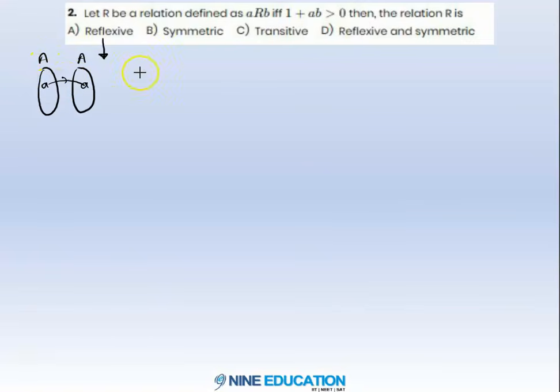So if I say a R a, let us see whether the condition is satisfied. 1 plus ab will become 1 plus a square, and this is absolutely correct because 1 plus a square is definitely positive, because the square of any number cannot be negative. The minimum value that a square can take for real values is 0, and if the square is 0, then 1 is still greater than 0.